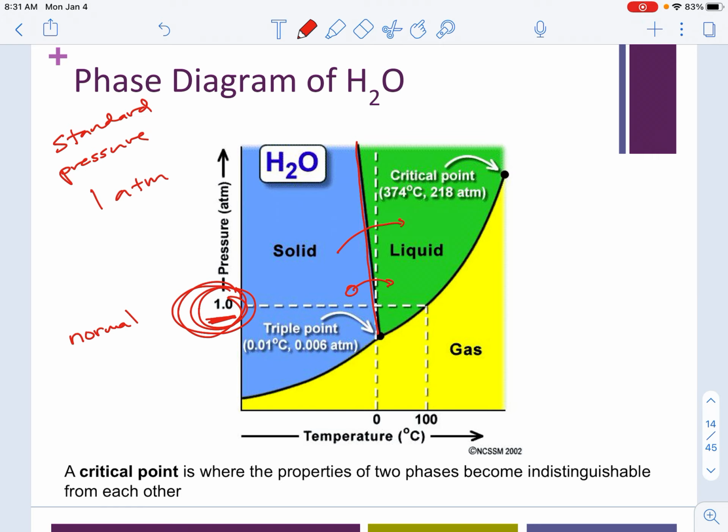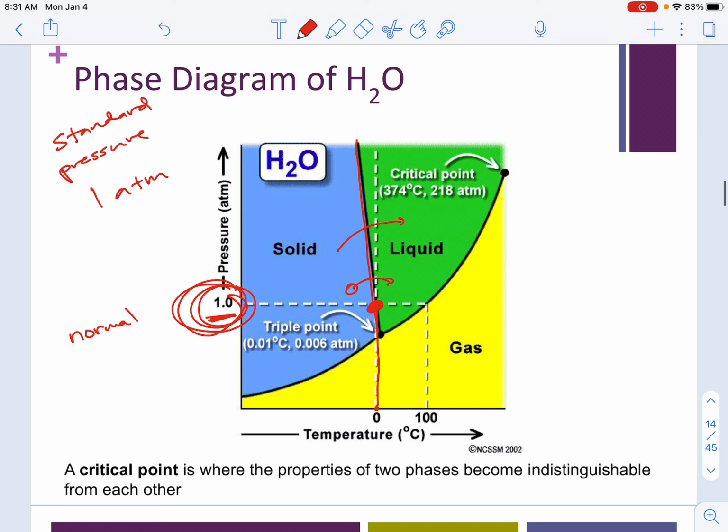So at 0 degrees, at 1 atm of pressure, my solid turns into a liquid, it will melt. In the opposite way, if it went from a liquid to a solid, it would freeze. So at 0 degrees and 1 atm, my liquid would freeze or my solid would melt. That's just reading this diagram.